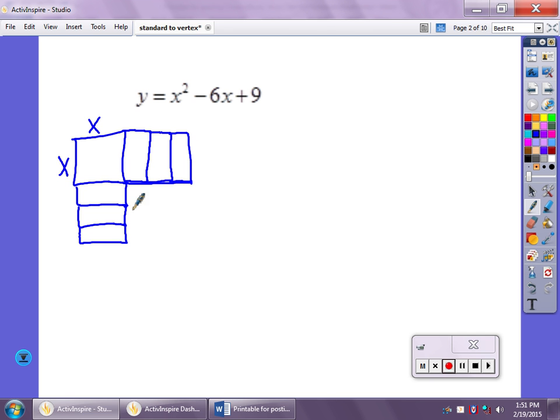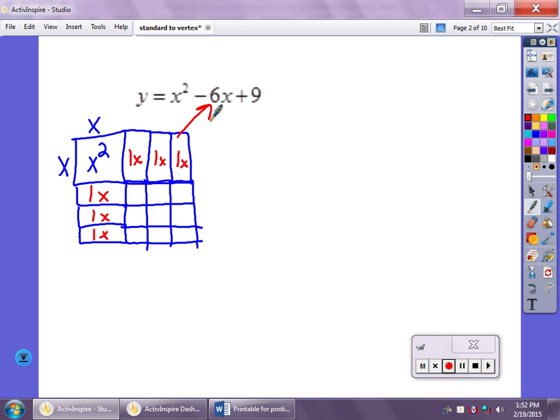If I were to extend these, we have our x squared. Then we have 1x, 1x, 1x, 1x, 1x, 1x for a total of 6x. And then 1, 2, 3, 4, 5, 6, 7, 8, 9 for our 9 individual units.